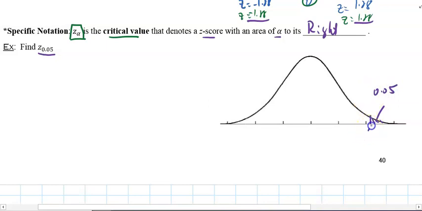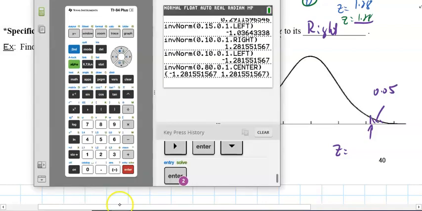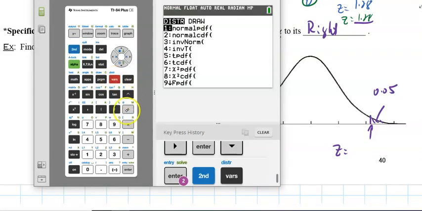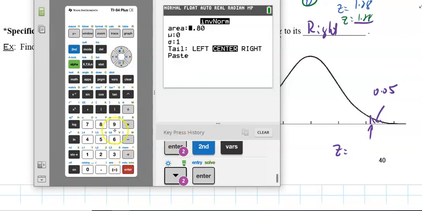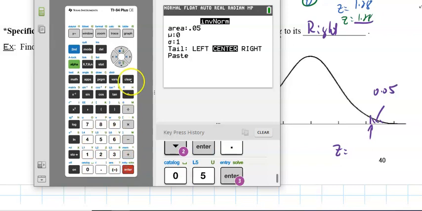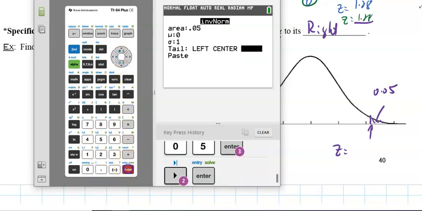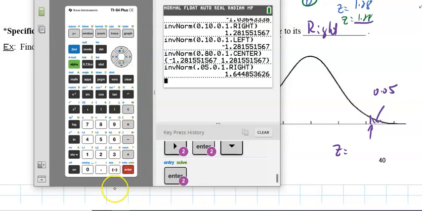Can you tell me what that z-score is? Well, the z associated with that, since I'm given the area, I'm going to reverse the order, and I'm going to use second distribution. I'm going to go for inverse normal, and the area is 0.05, and the area is to the right. .64.